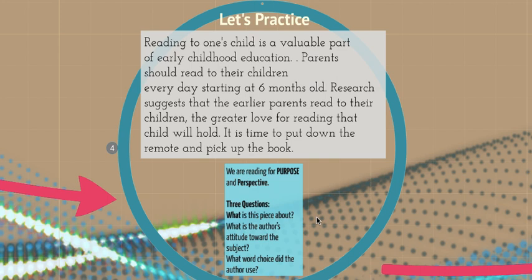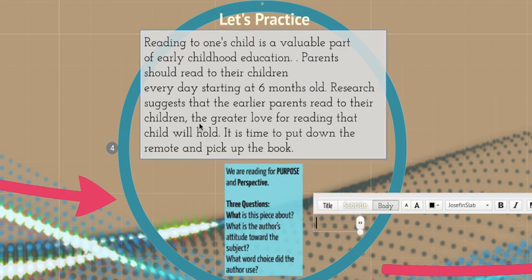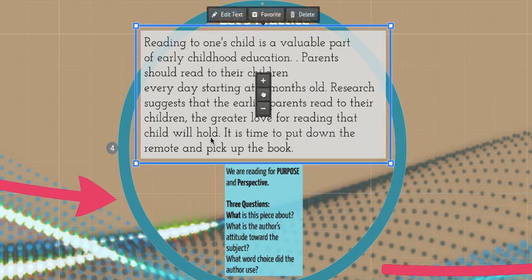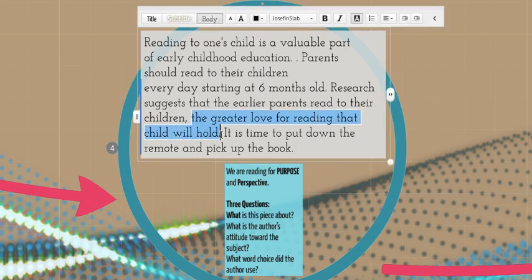Well, I am going to say, based on the word choices in the text, that the author thinks this is important. He or she says right here, the greater love for reading that child will hold the earlier they read to their kids. So based on this statement, or really the whole section, this person agrees that reading to one's child is a valuable part of early childhood education.